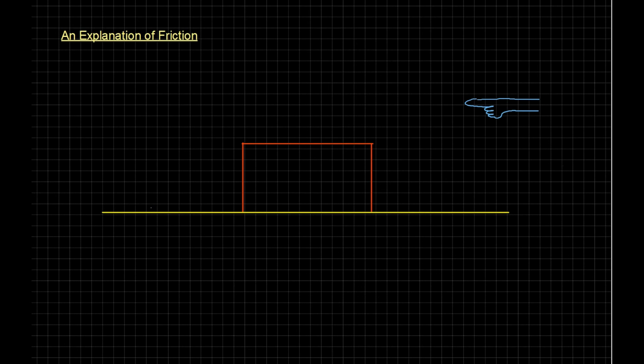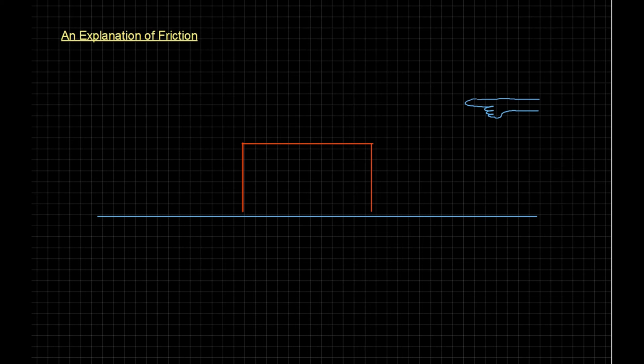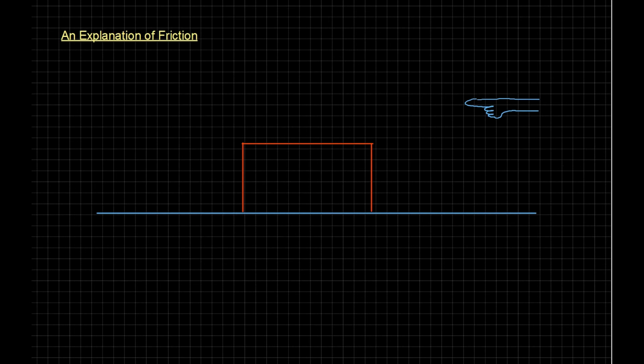So let's just change it to a blue line, this time representing ice, which is the classic frictionless or close to frictionless surface that we use when we're modeling physics. So now your object is the same box, but it's sitting on a lake of frozen ice. And ice is slippery, and more technically we could say ice is nearly frictionless. It has a little bit of friction, but there's not much friction with ice.